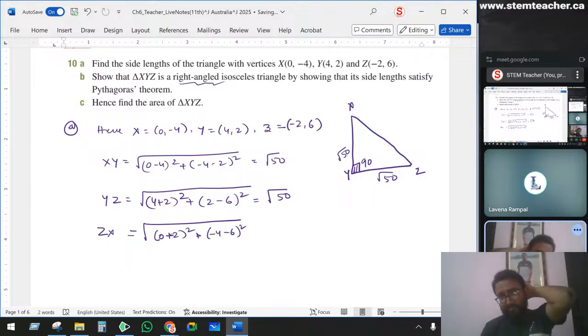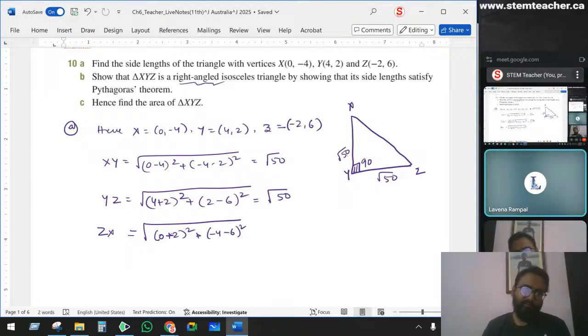I'm getting trouble. Show that it is a right angle triangle by saying the sides satisfy the Pythagoras theorem. It is 2 squared plus 10 whole square, 10 square is 100, plus 2 square, it will be 104. Okay, let it be square root 104.